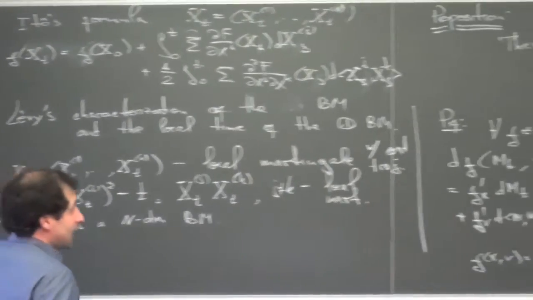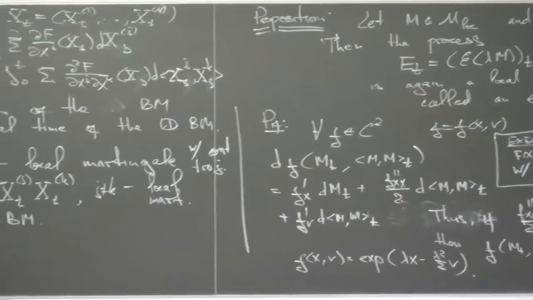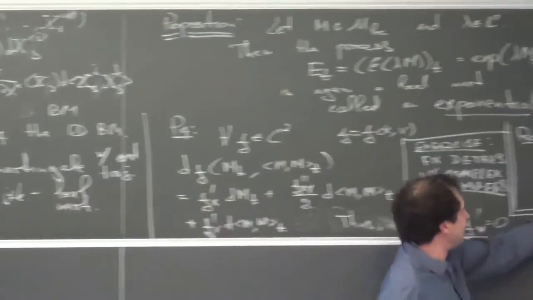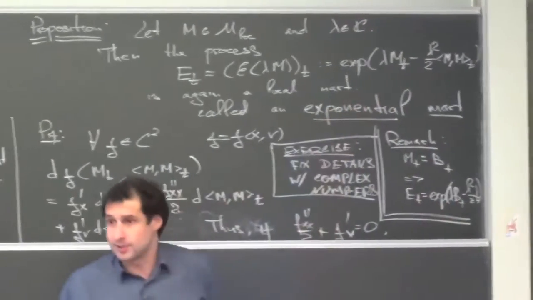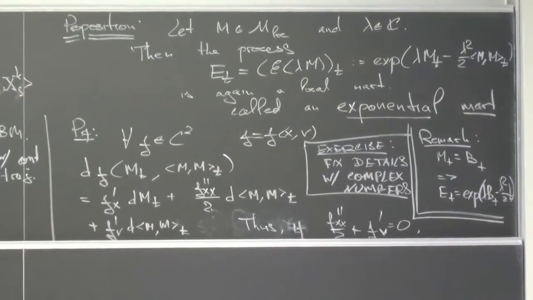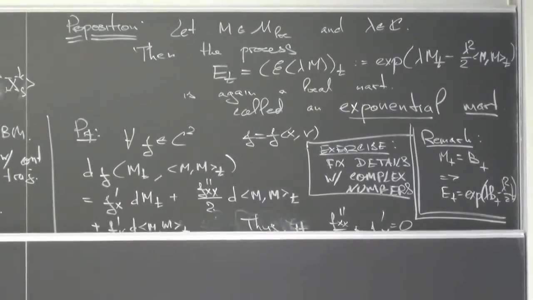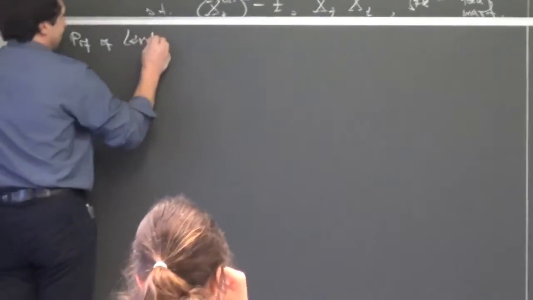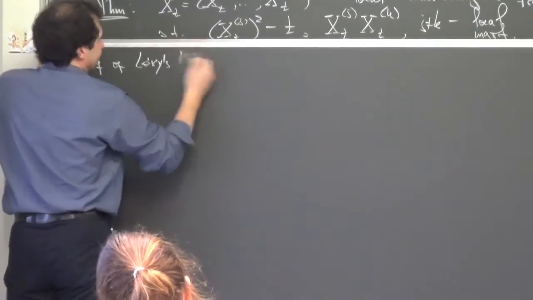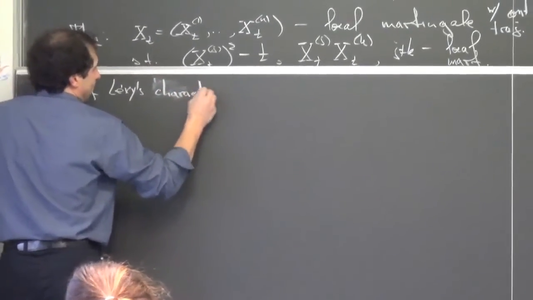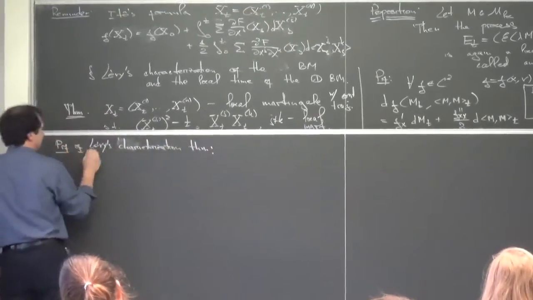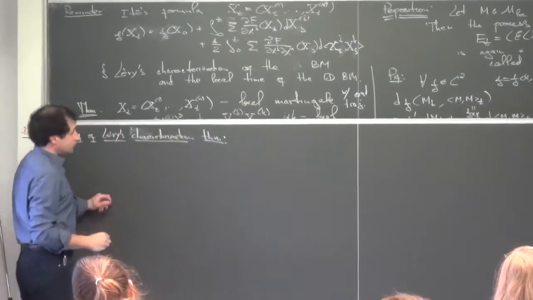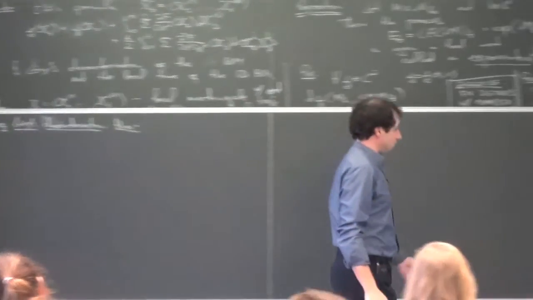Okay, good. And it's also related to the remark I had for the Brownian motion. That time I formulated it for real valued lambdas, but actually it works for complex. Okay, and now what is the proof of Levy's characterization theorem?